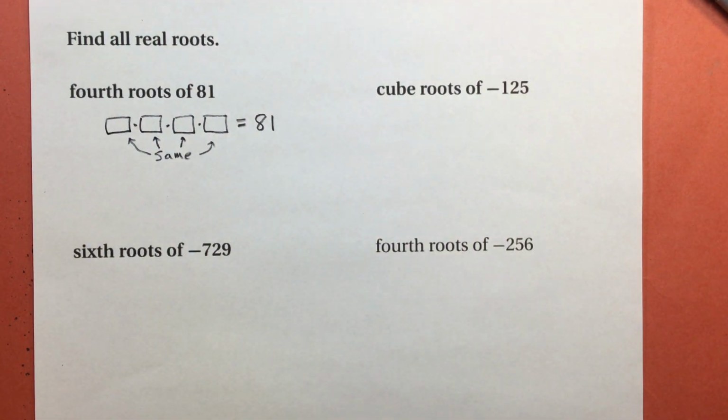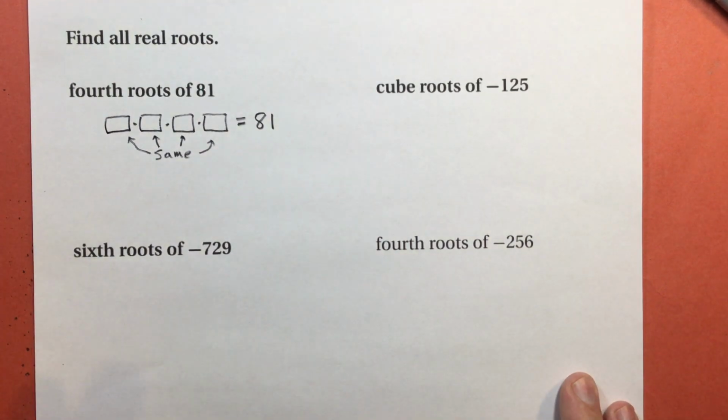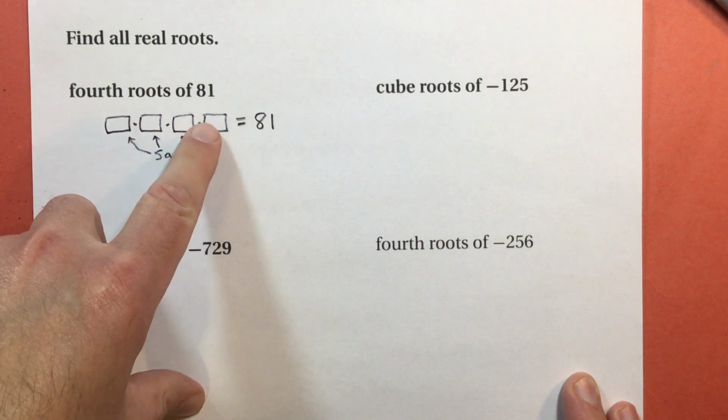So you can try different things. How you figure it out, it's kind of like a puzzle. But generally speaking, if you're good with multiplying, you should be okay with this. So it's not going to be exceptionally big. It's not going to be 1 times 1 times 1 times 1, because that equals 1. 2 times 2 times 2 times 2, that's 16. 3 times 3 times 3 times 3. 3 times 3 is 9. 3 times 3 is 9. 9 times 9 equals 81.